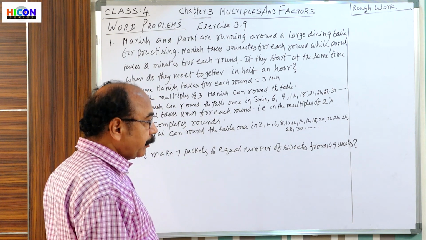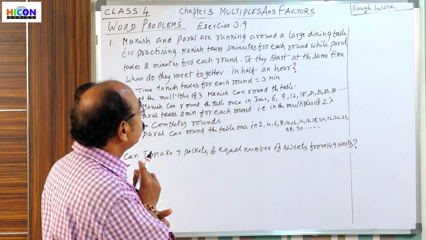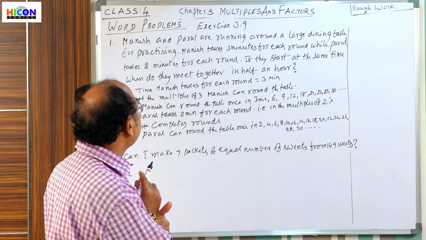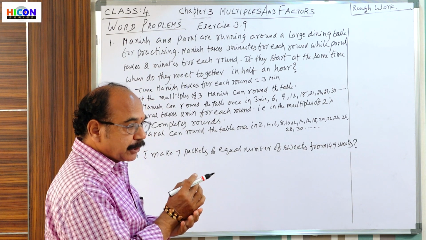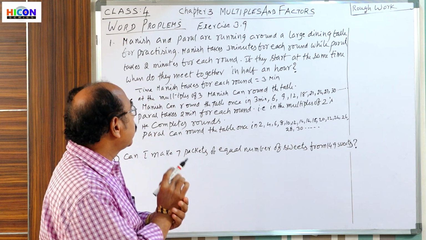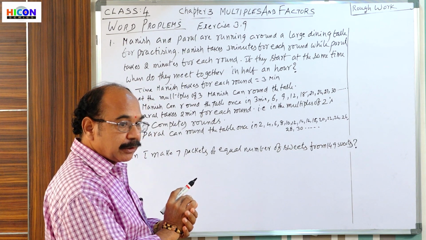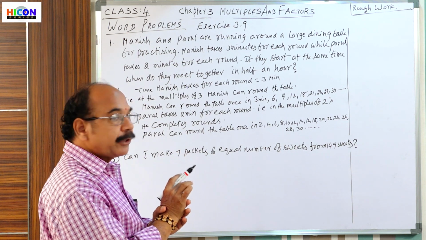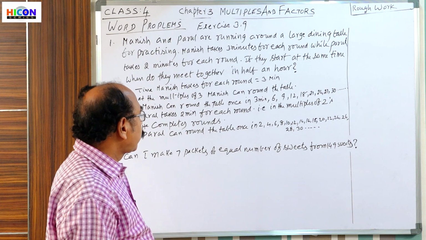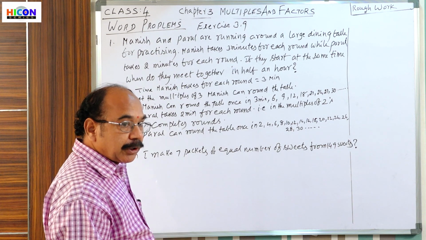So, what are the common multiples? If they start at the same time, when do they meet together? Here the two persons are supposed to meet together at once. At what times can they meet together? That means we take their common multiples.